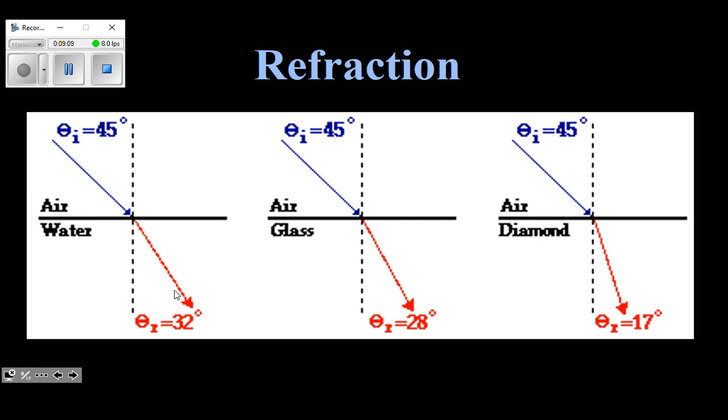Hard to see in this diagram, but you can see this was 45 degrees, this is only 32. When you go from air to glass, you can see it's more pronounced. It bent even more towards the normal. And then when you go to something very, very dense like diamond, it's going to go down to 17 degrees. So the more dense it is, the more it's going to bend towards the normal.